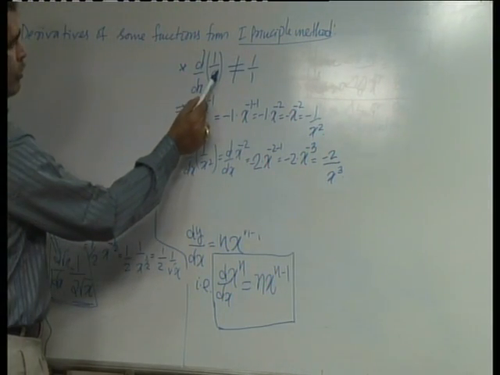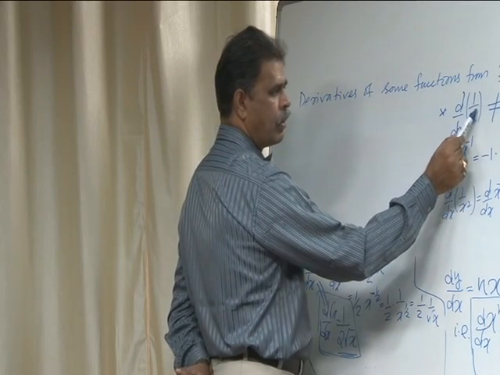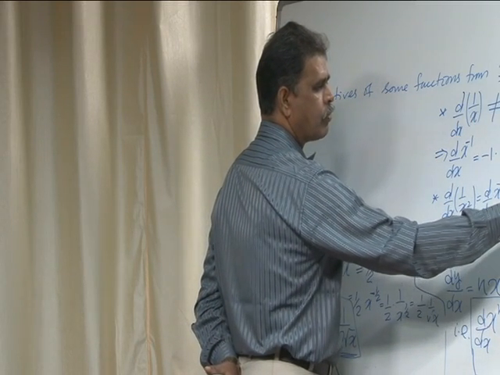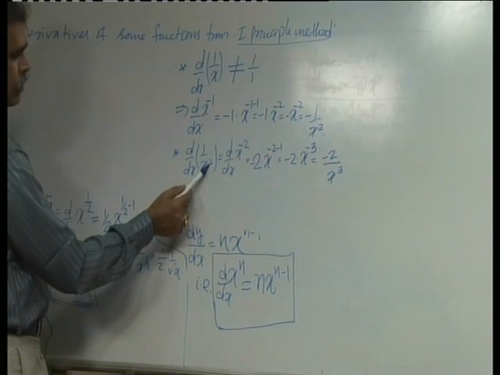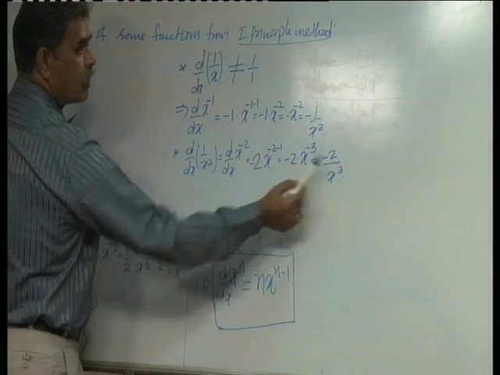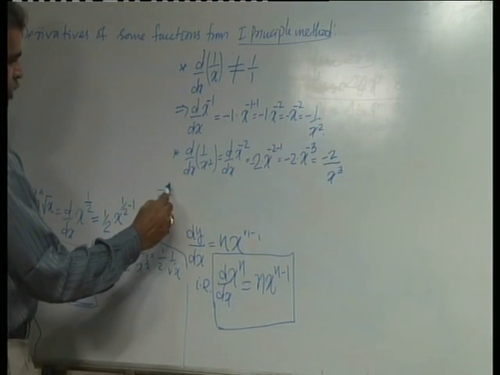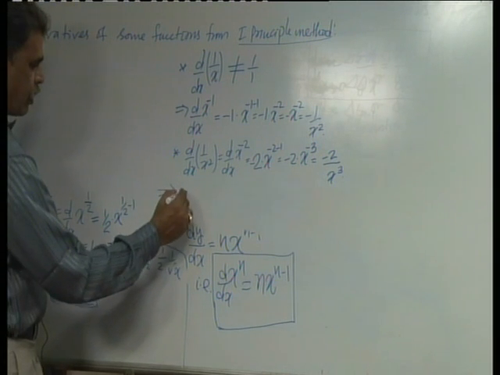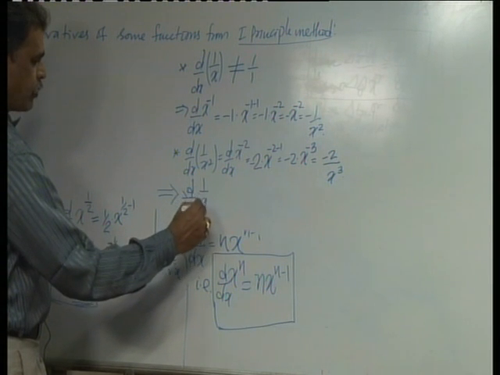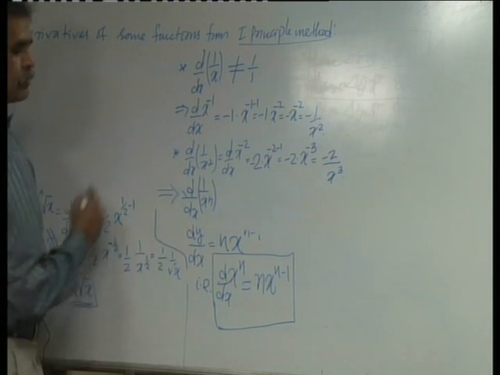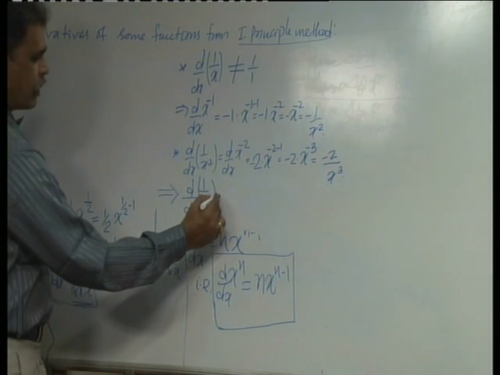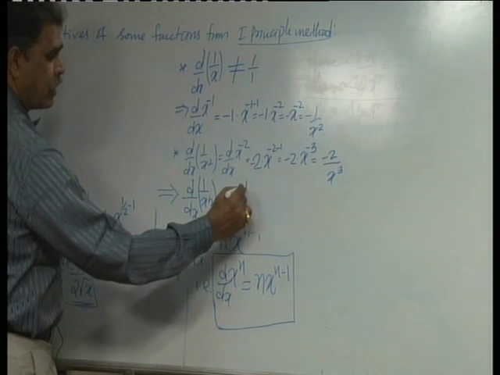When the power is 1, it becomes minus of the power divided by x to the power of power plus 1. Suppose the power is 2, then in general, minus n divided by x to the power of n plus 1. That means you can remember the general result: differentiation of 1 by x to the power of n is minus n.